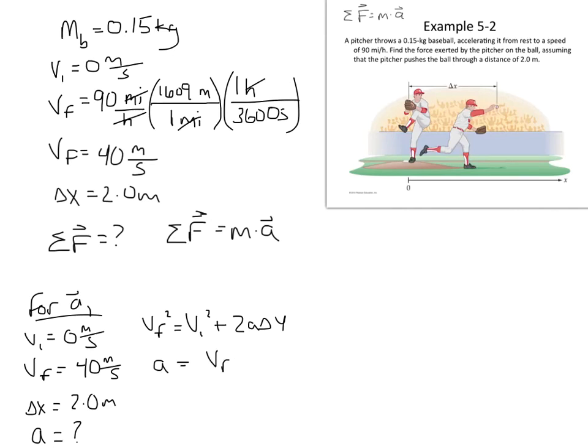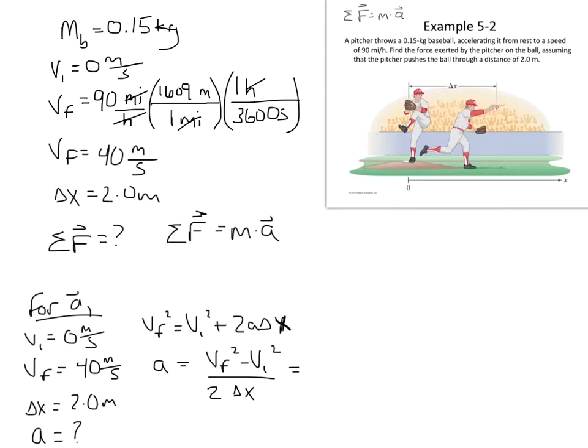So V final squared minus V initial squared, and then we're going to have just 2a delta — you know, I put delta Y. Sorry, we've most recently been dealing with motion in the Y direction. So 2a delta X. So that's all we're left with right here. So the 2 and the delta X are going to get divided down, right? So that's going to be 2 delta X in the denominator right there. And not a very good delta X. I'm having problems today.